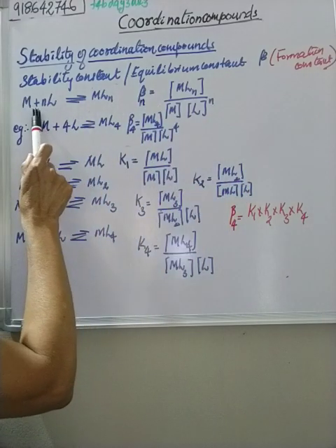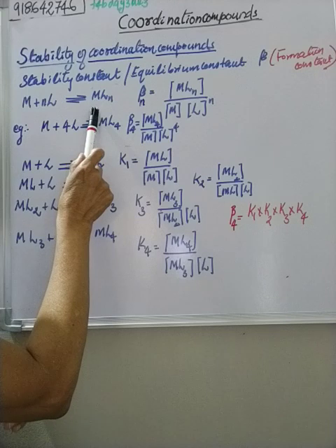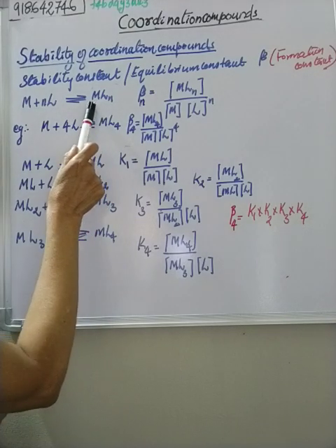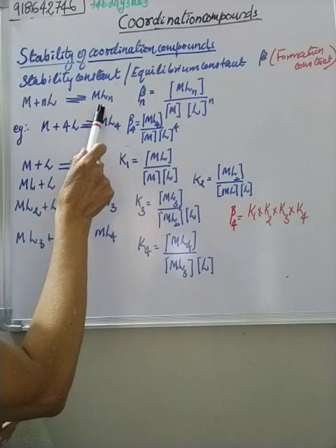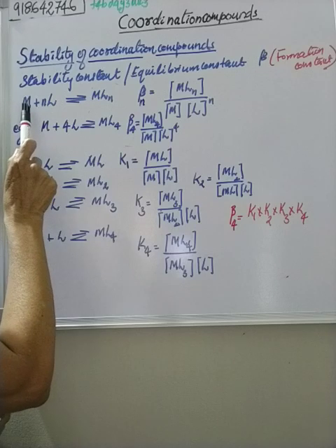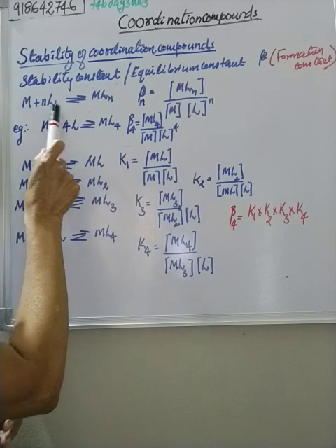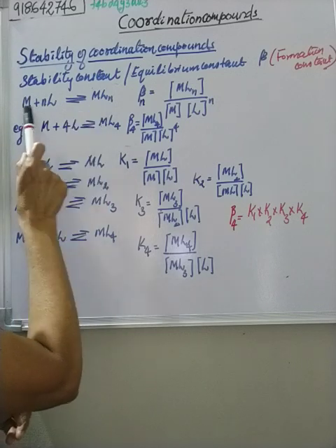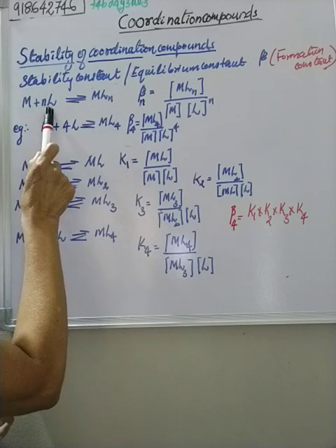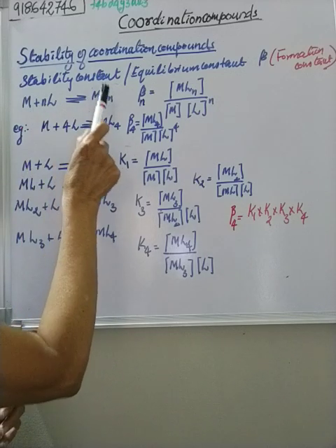For example, a very simplified way of writing the formation of the complex MLn, which is formed from the metal M and n number of ligands. So a very simple way, M plus nL gives MLn.